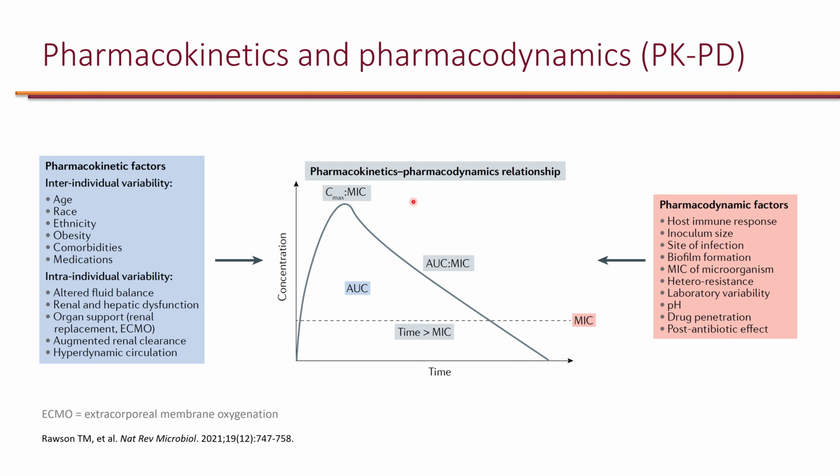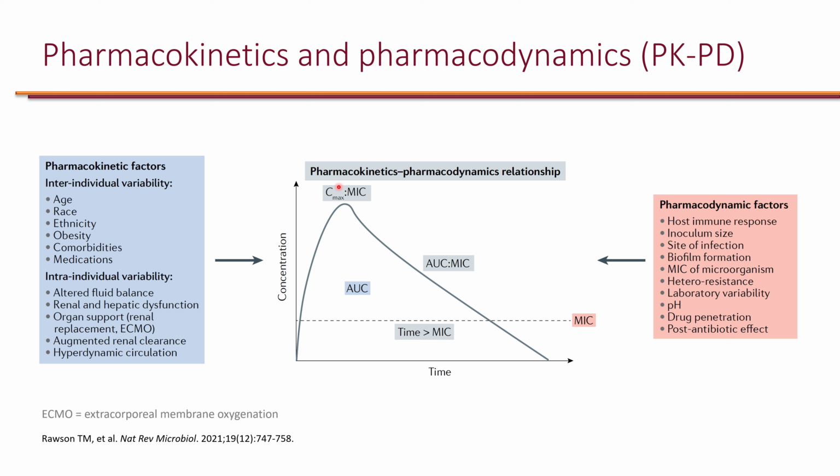And there are some PK/PD parameters, such as the ratio of maximum concentration to MIC, the ratio of area under the concentration curve to MIC, or the time that the concentration is above the MIC. We'll talk about those in a future lecture, on when to use each of them and what they mean. But these are essentially the PK/PD parameters we use.